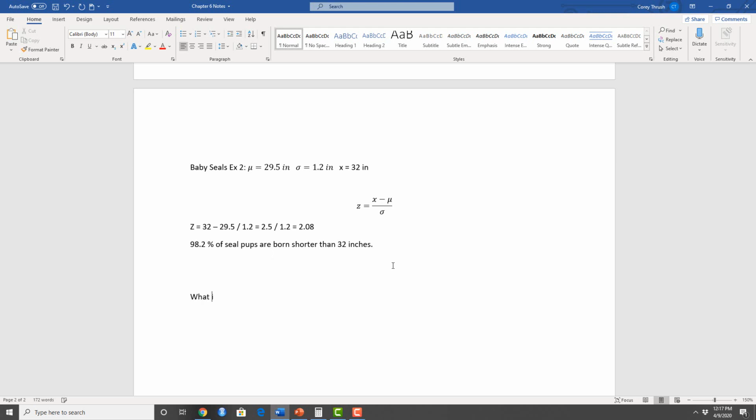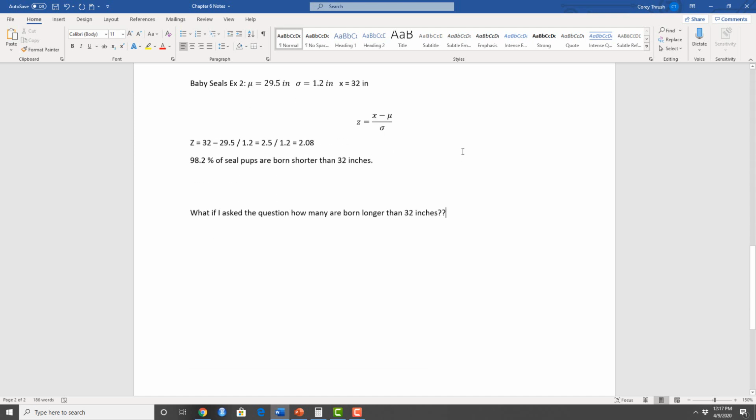But what if I ask the question, how many are born longer than 32 inches? Well, we could plug it into the z-score, but it's the same z-score formula.